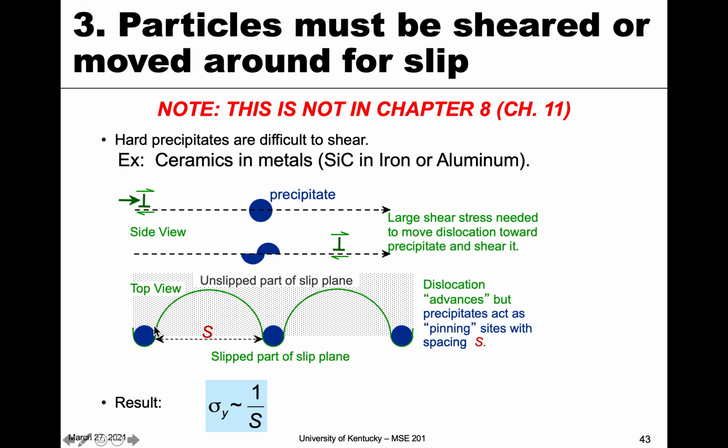So to advance around the precipitate requires more energy, more force, more shear stress. The more particles we have, and the less spacing between them, the more the yield strength is going to go up, and it's going to go up by 1 over the spacing. That tells us what gives us the most strengthening.